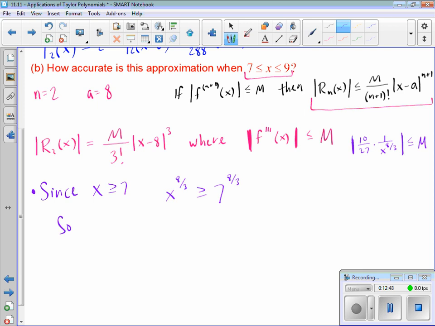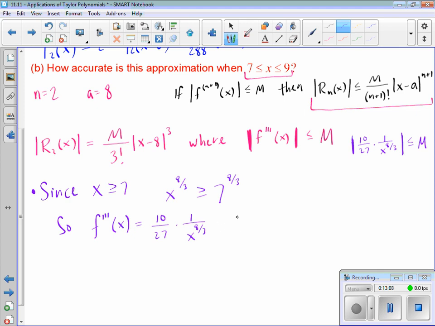So the third derivative of x. We know the third derivative of x is this 10/27 times 1 over x to the 8/3. Think about how that compares.